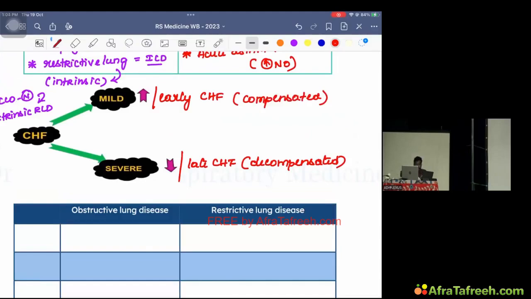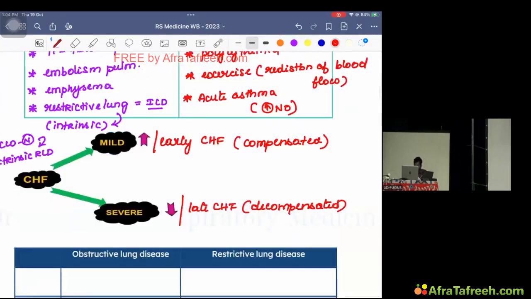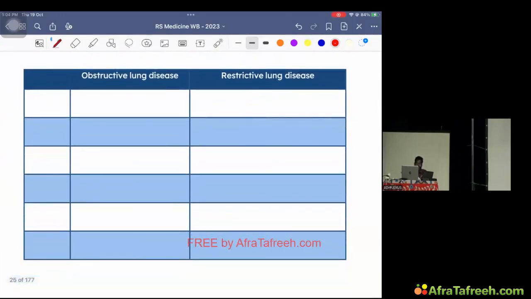Okay, so this is very important. These are the conditions associated with decreased and increased DLCO.